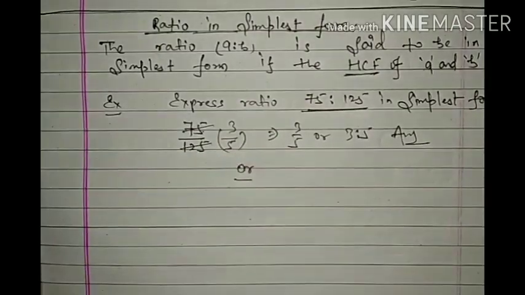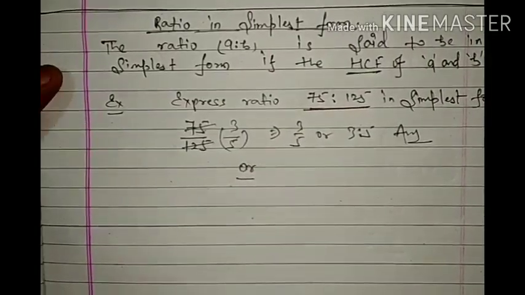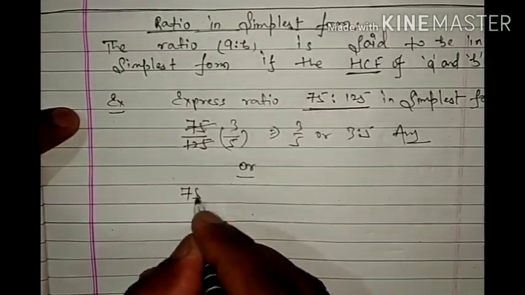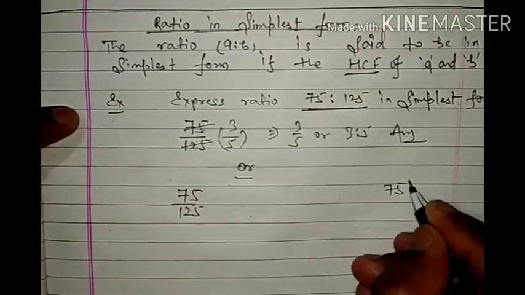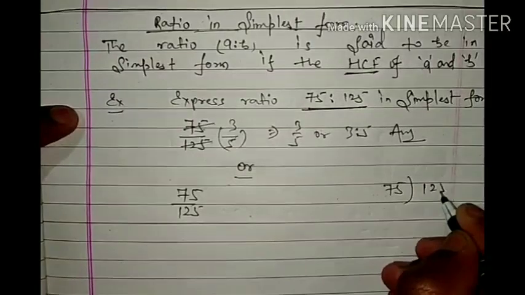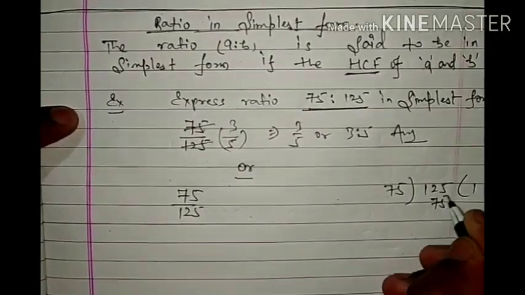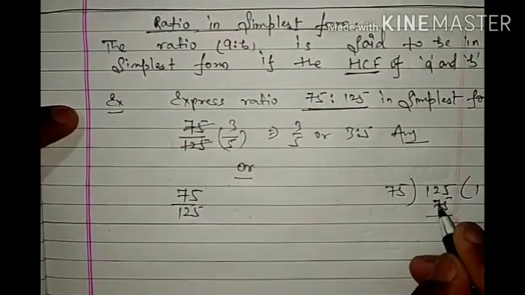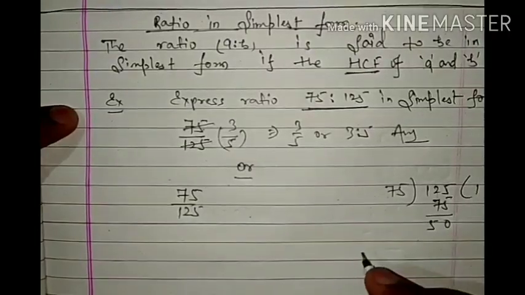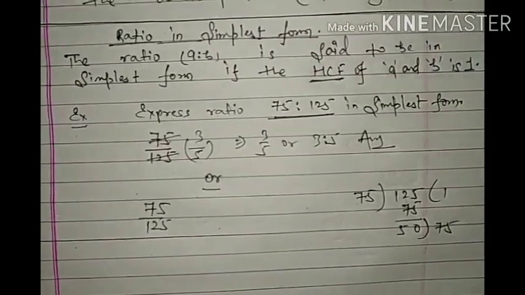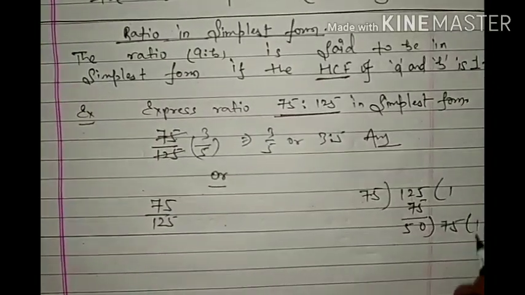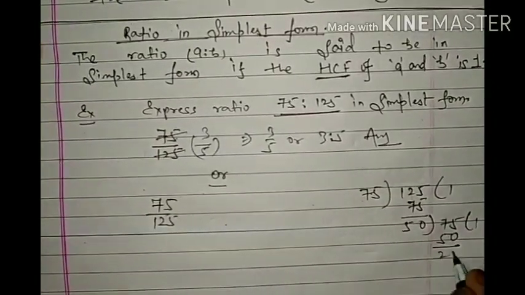And what if I give you a large number of 5 digits or 6 digits? What will you do? We will simply find the HCF of 75 and 125. HCF by long division, 75 and 125. 75 1 is just 75, 5 minus 5 is 0, 12 minus 7 is 5, 50. We will divide 75. 50 1 is 50, remainder 25.